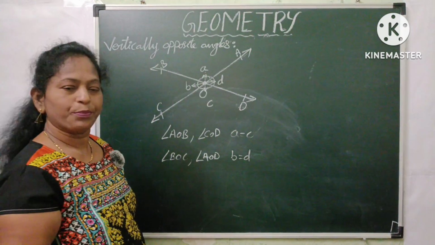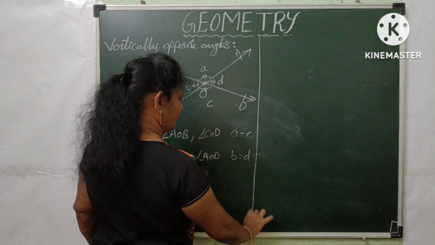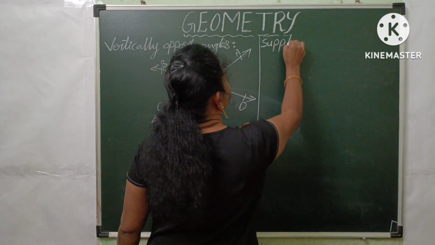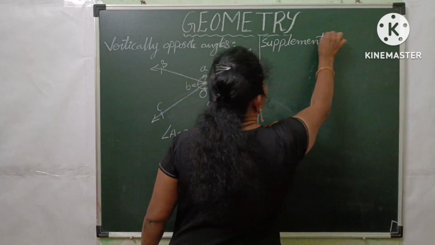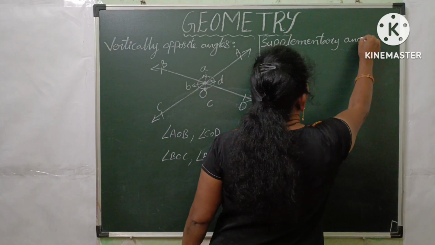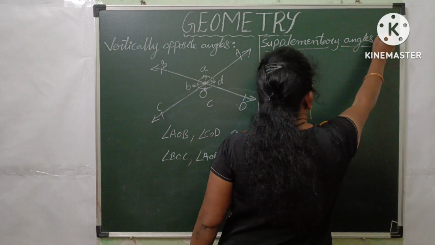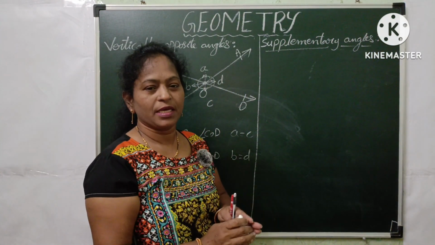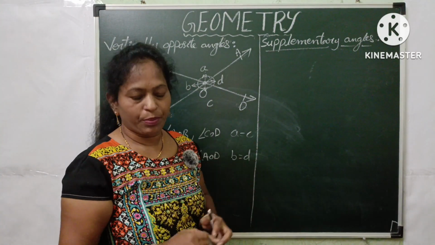Next one is supplementary angles. Right. Supplementary angles means two angles whose measures add up to 180 degrees. Those two angles are called supplementary angles.